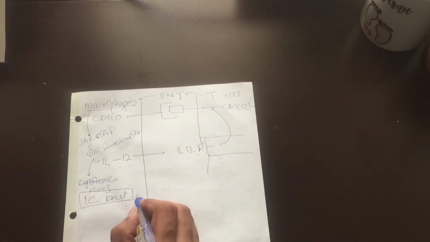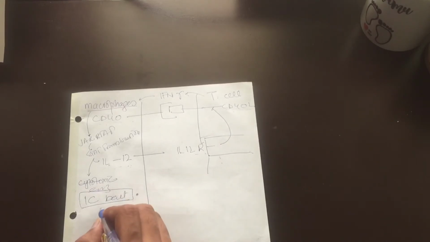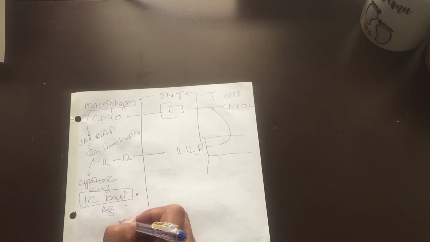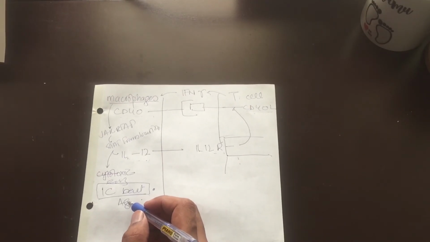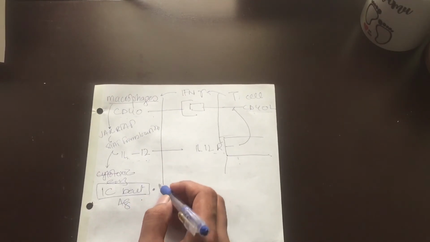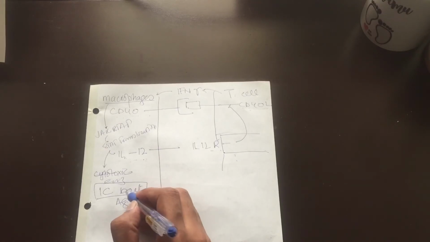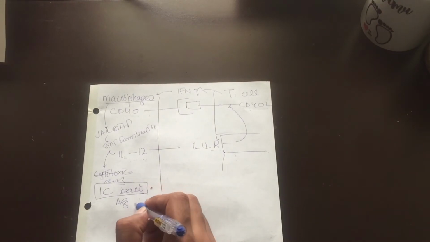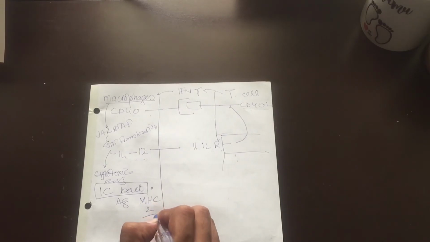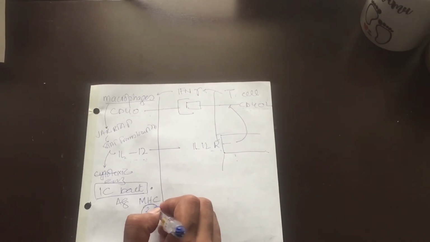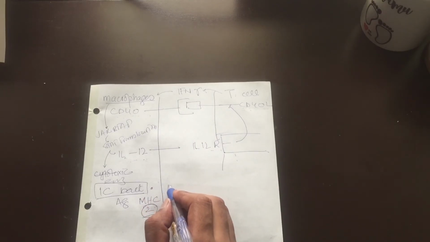Intracellular bacteria like TB follow the MHC 2 pathway previously discussed.